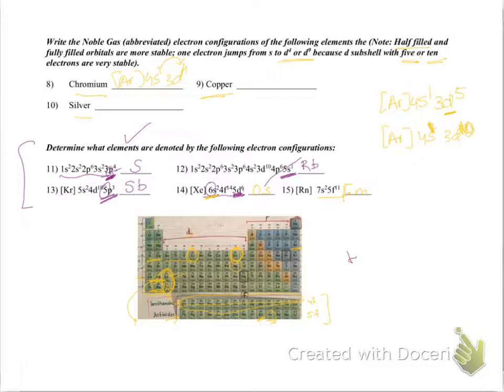Silver is here, krypton, 5s2 4d9. So what will it be? Krypton 5s1 4d10. This rule is only for when you have 4 or 9 in d and then you jump them from 4s.